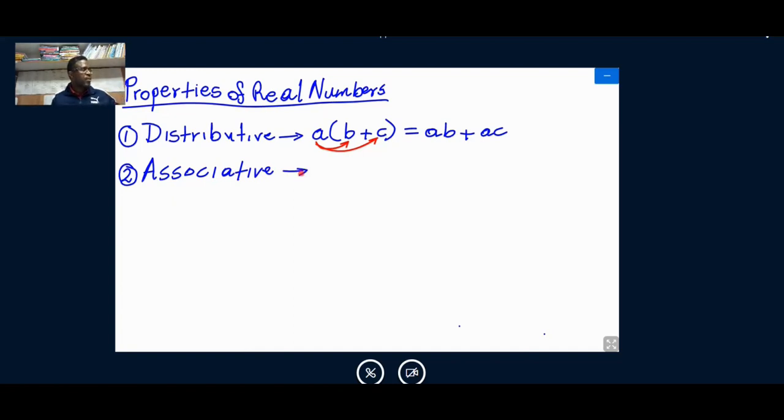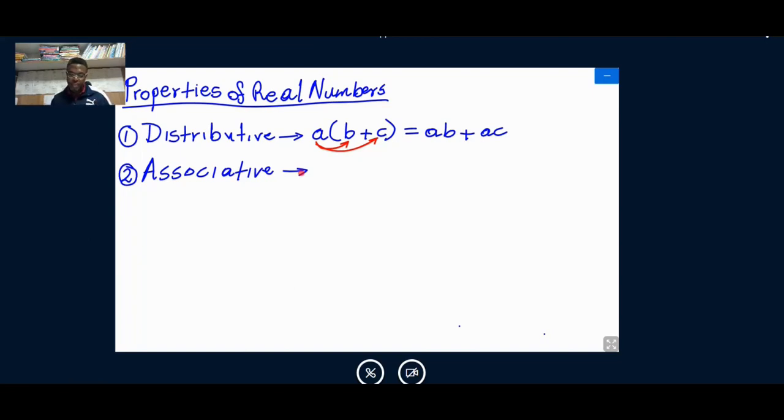Associative property. In an associative property, we talk about adding 3 numbers or more, or multiplying numbers. And we say, in this case, the order does not really matter. The order does not matter at all.